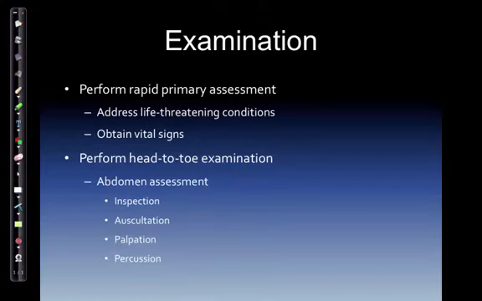In multi-system trauma, auscultation of the abdomen has limited usefulness. For example, we may not hear bowel sounds due to trauma to the area. Palpation should always start with the quadrant furthest away from the location of pain and then work towards it.